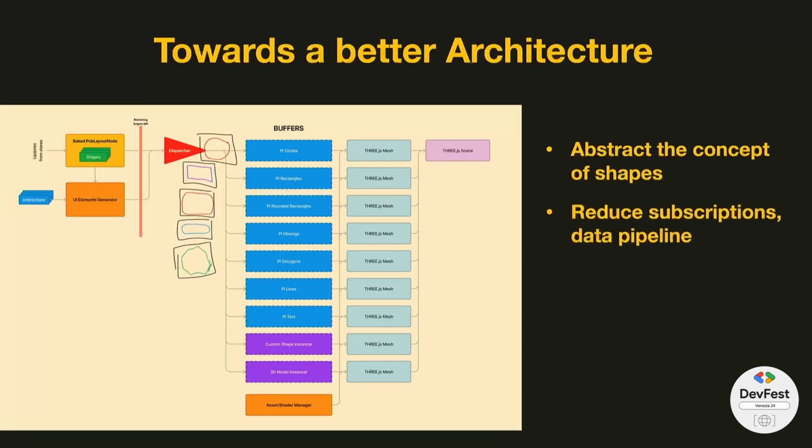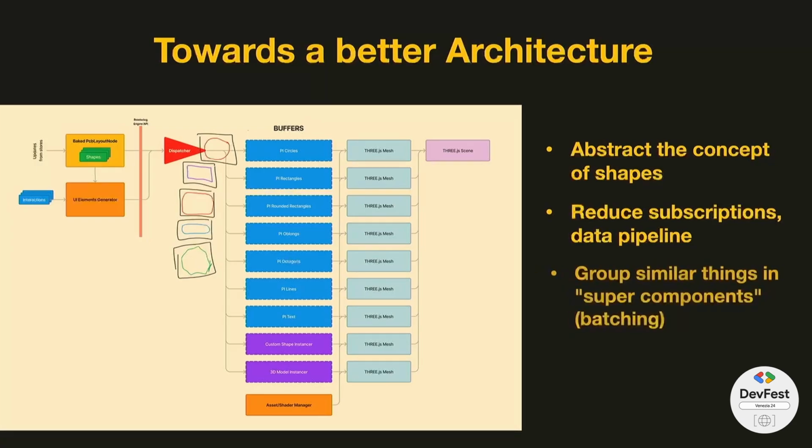And so this way we can reduce subscriptions, which are problematic, and we can group similar things into super components, which is this idea that instead of having thousands of components rendering everything, you just have a few components that render everything at once.